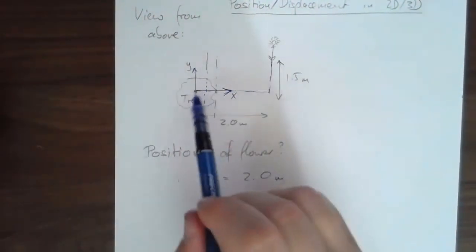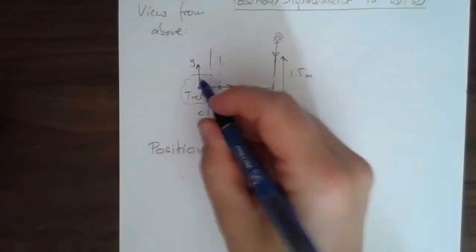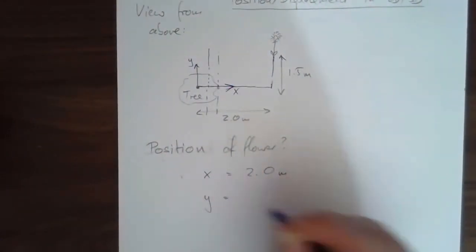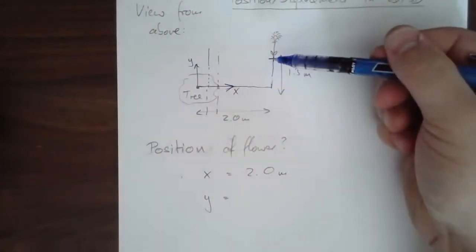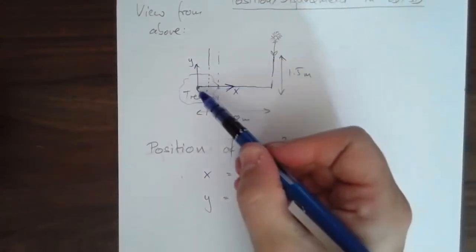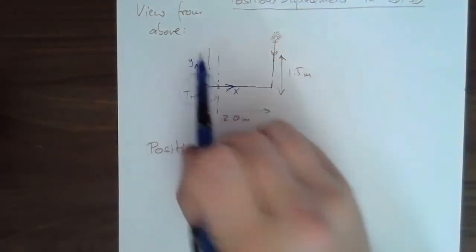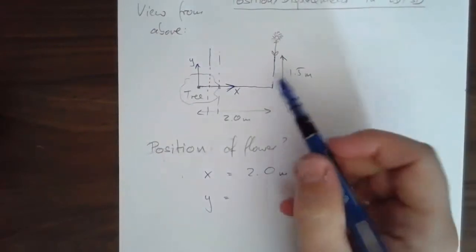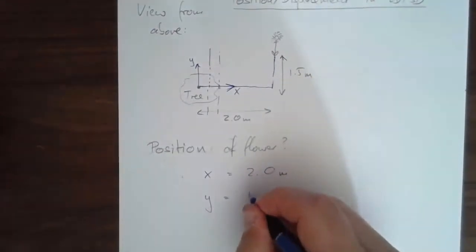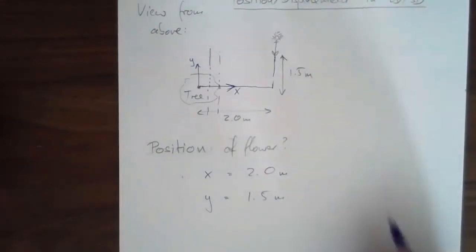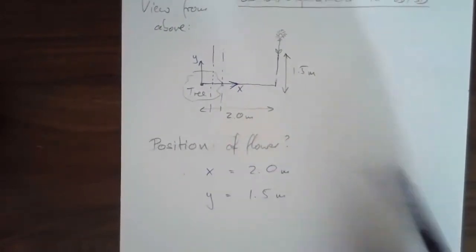West would be negative, east would be positive. And in the y direction, it would be at 1.5, and again it's in the same direction that my axis is pointing, so it would be positive 1.5 meters.